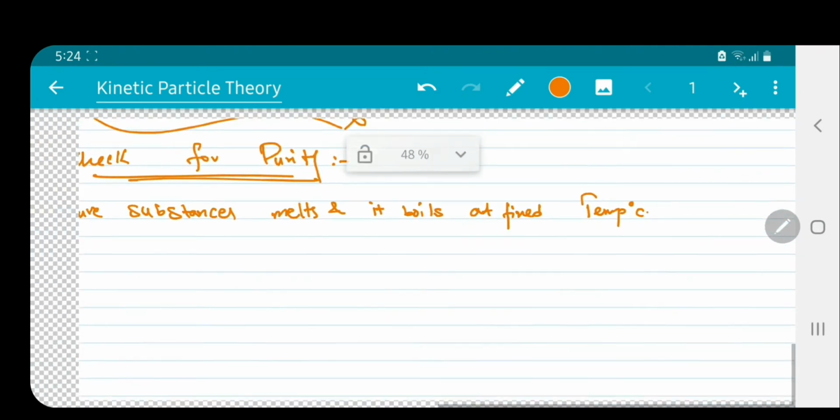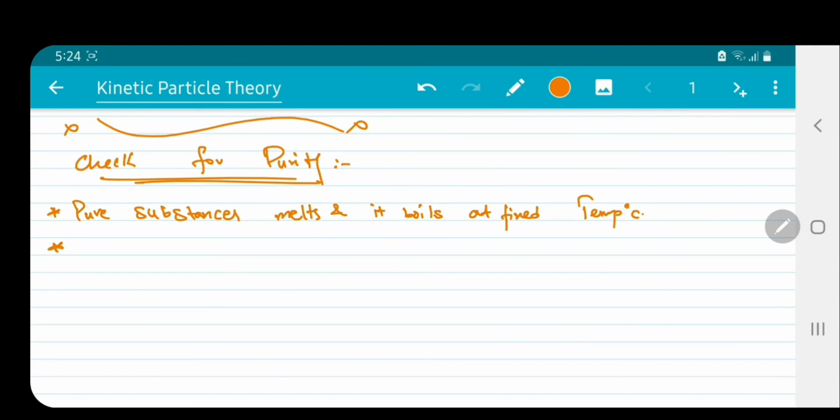And for another one, I would be giving an example. If you consider pure water, the pure water has a melting point of 0 centigrade and a boiling point of 100 centigrade.